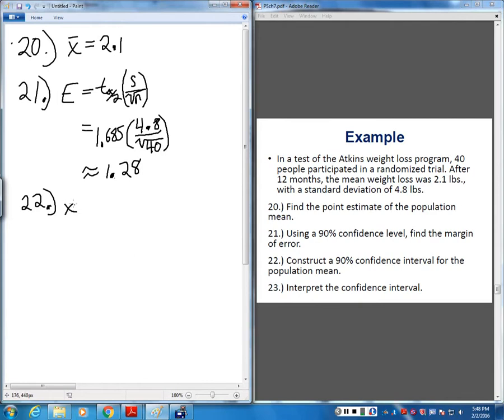So for the lower bound, that'll be x bar minus e, which is less than mu, what I'm estimating, which is less than x bar plus e.